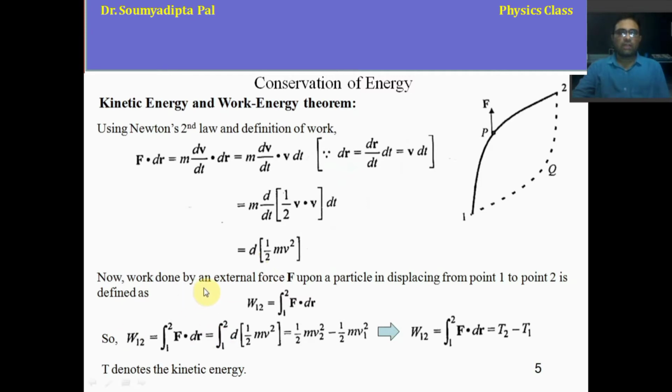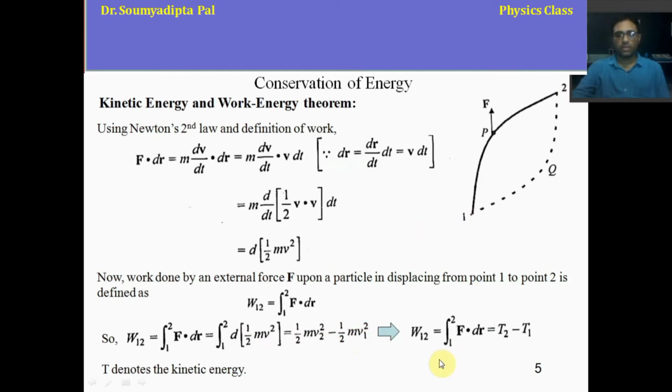Now the work done by the external force F upon a particle in displacing it from point 1 to point 2 is written like this: the line integration from 1 to 2 of F dot dr. Now here we will put this form. If we do so, this term we are getting is the kinetic energy of the particle at point 2, and this is the kinetic energy at point 1.